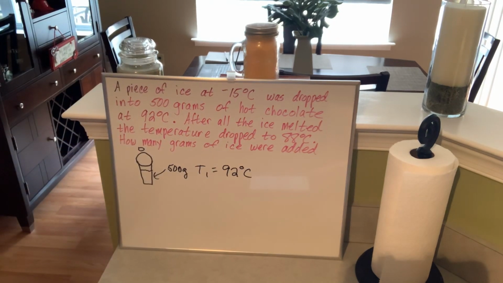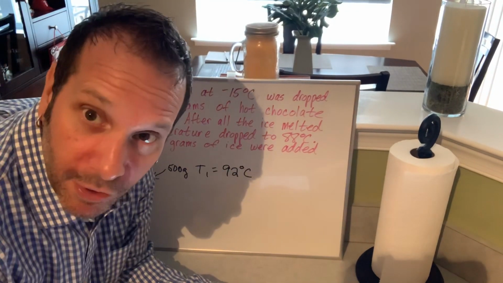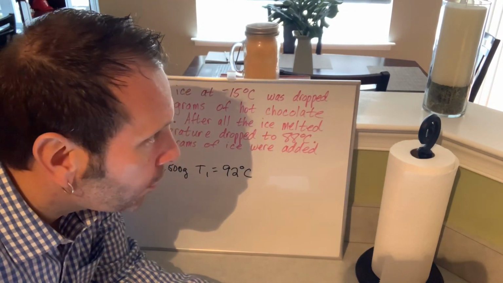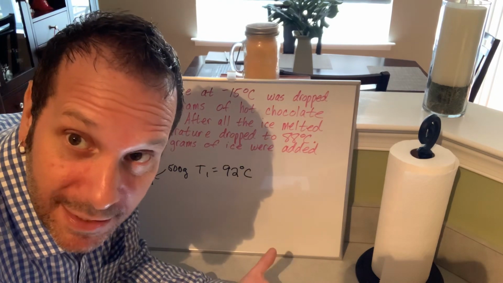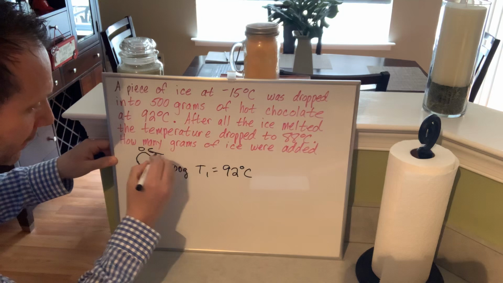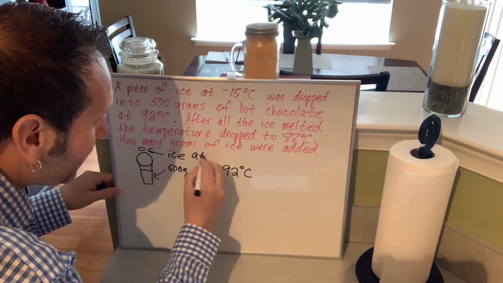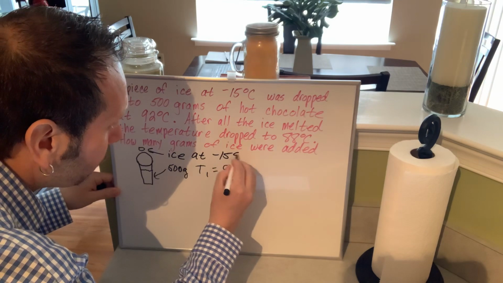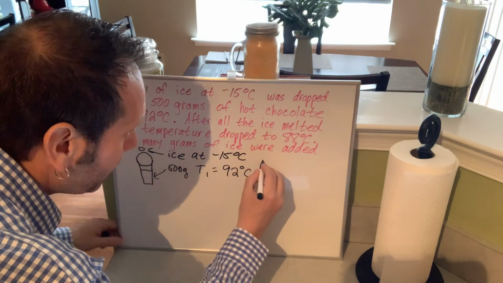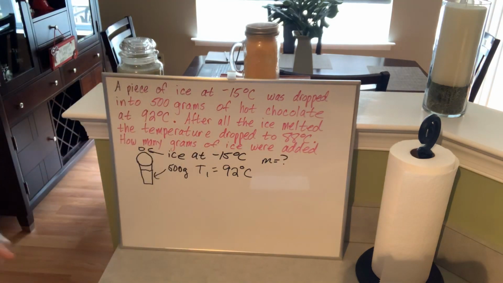And the ice that's up here, we don't know how many grams of ice there are. So the M value for the ice is our variable. But we do know it's starting at negative 15 degrees Celsius. The only thing is, I don't know how many grams of ice there are.